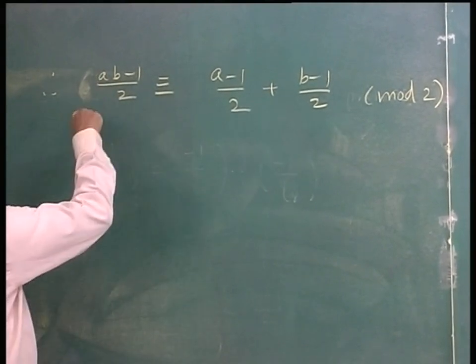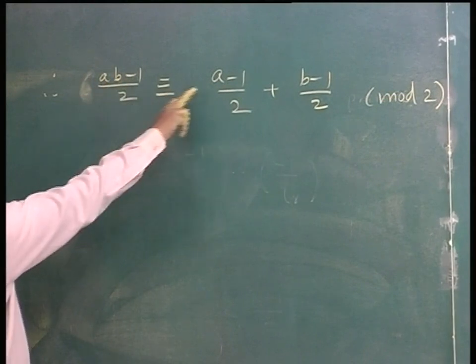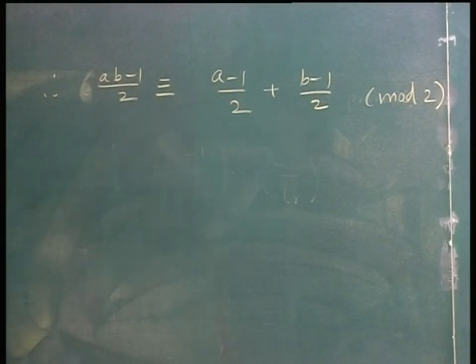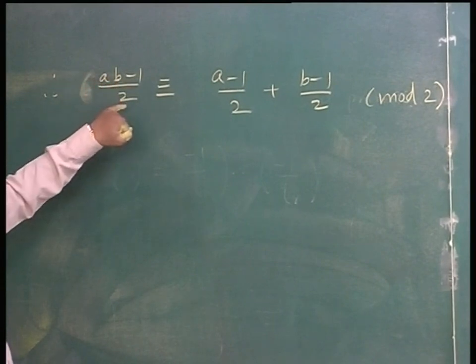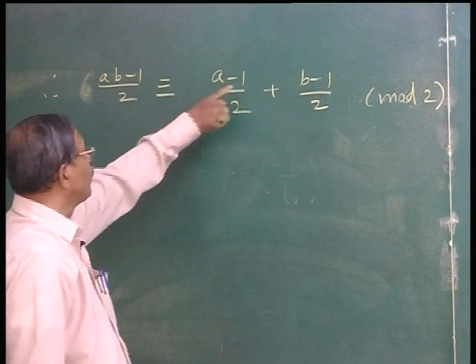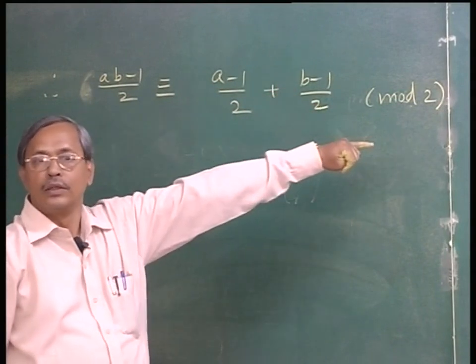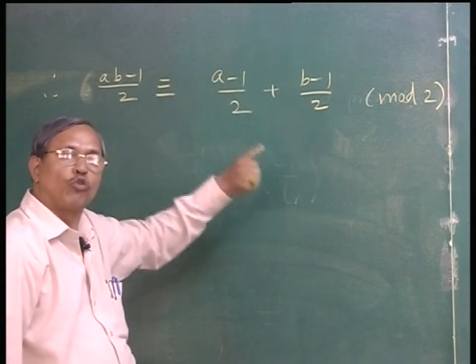This we can extend. Suppose you have A and B as Q1 and Q2. So (Q1Q2-1)/2 is congruent to (Q1-1)/2 plus (Q2-1)/2. If you have 3 primes or even odd numbers, Q1, Q2, Q3, first you can write (Q1Q2-1)/2 plus (Q3-1)/2. In that Q1Q2 also you can split further: (Q1-1)/2 plus (Q2-1)/2.